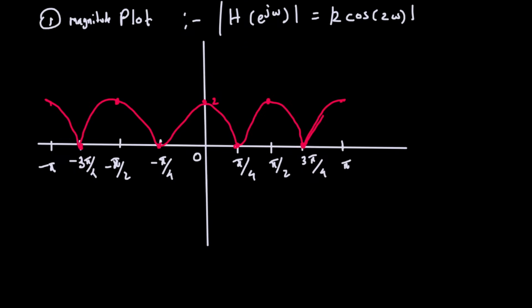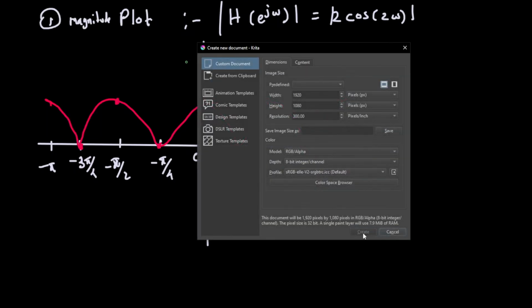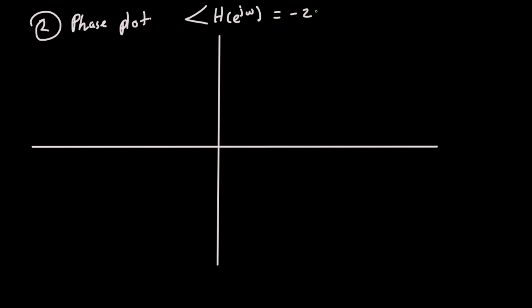Now let's look at the phase plot. Phase plot, as we saw before, we take H of e^jω, and that is minus 2ω.